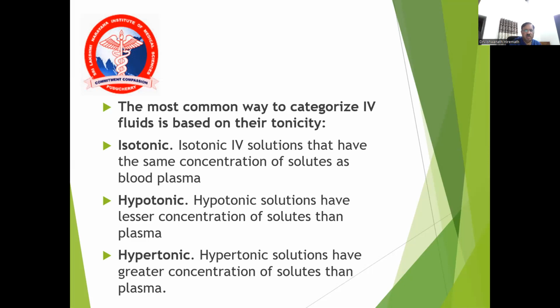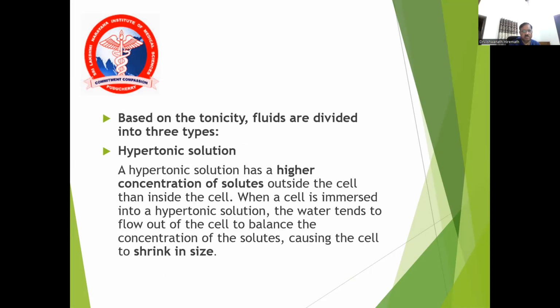So when the osmolarity is less than the plasma osmolar concentration, the fluids are termed hypotonic, and when the solute concentration is equal to the blood plasma concentration, they are called isotonic, and when the solute concentration is greater than that of the plasma, they are called hypertonic fluids.